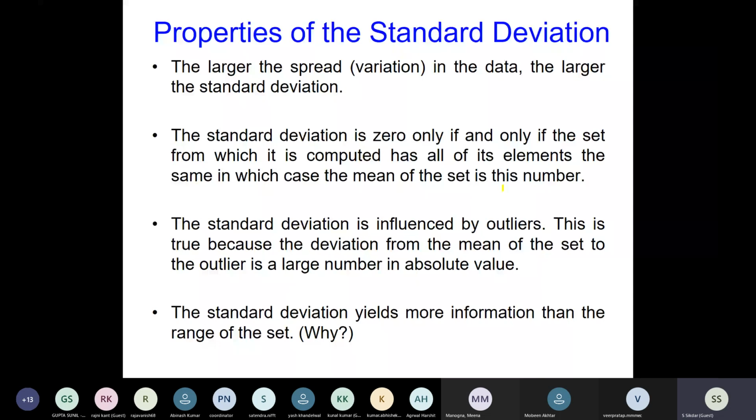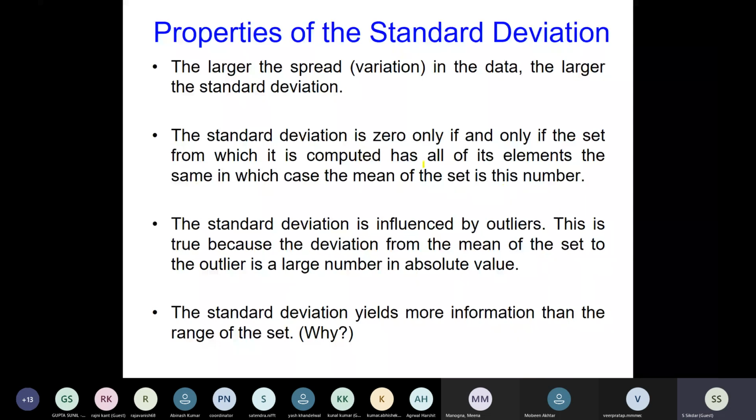Anything that you square, even if it is a negative value, will become positive. So it can become zero only if xi minus x bar is zero, and that has to be true for each value, because you will have the summation of them, then the mean, then the square root. That gives the standard deviation. So all of them have to be the same number and the same as the mean value. Then only it is feasible. Otherwise, no way it can be zero.